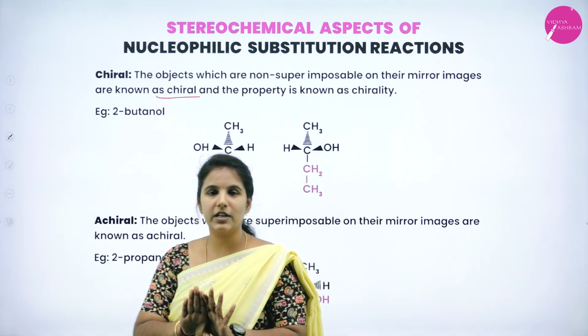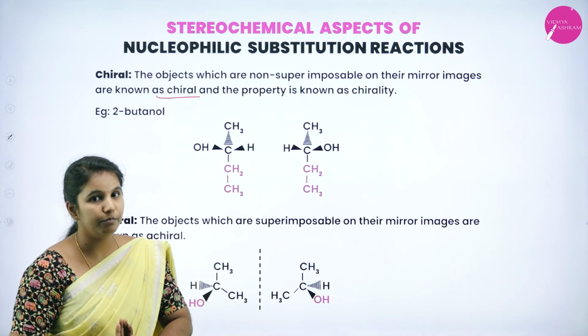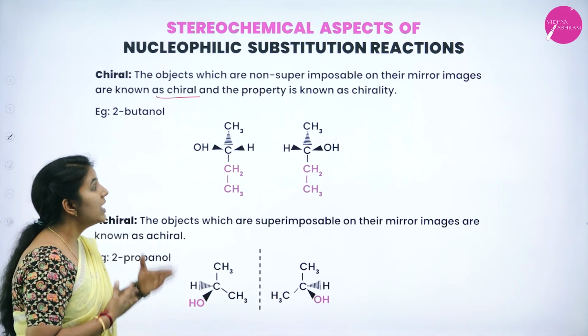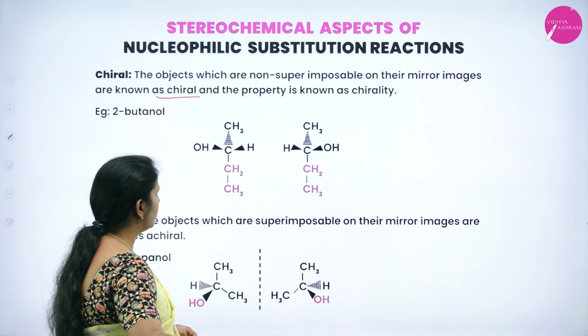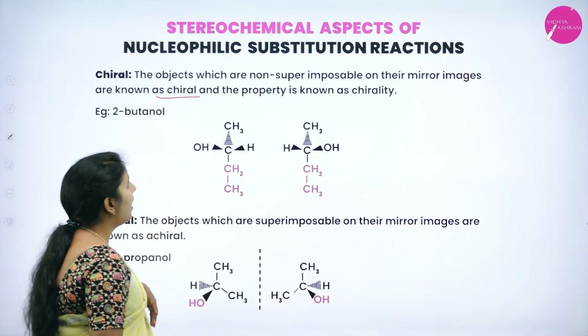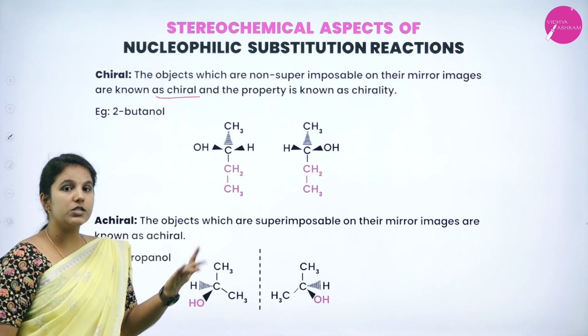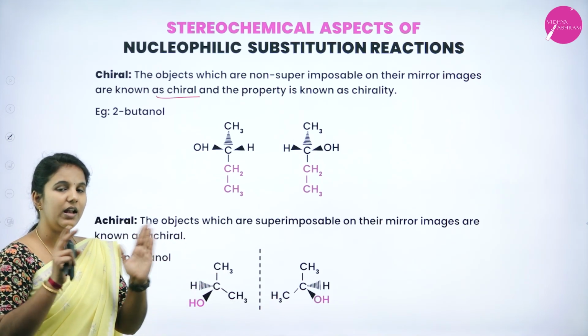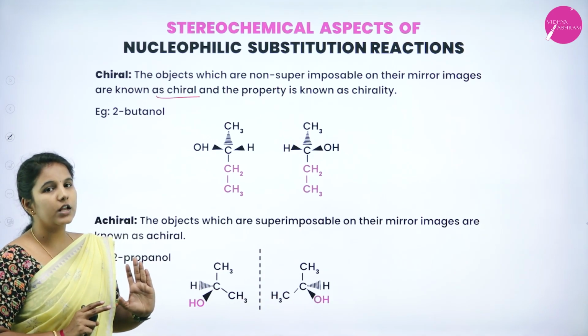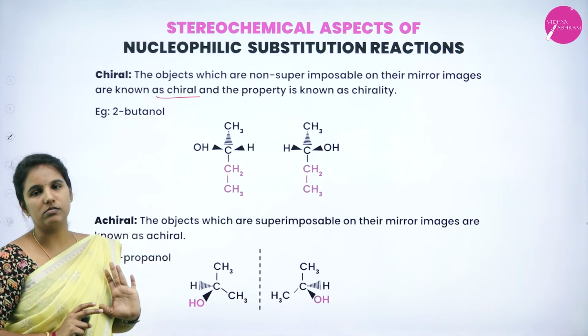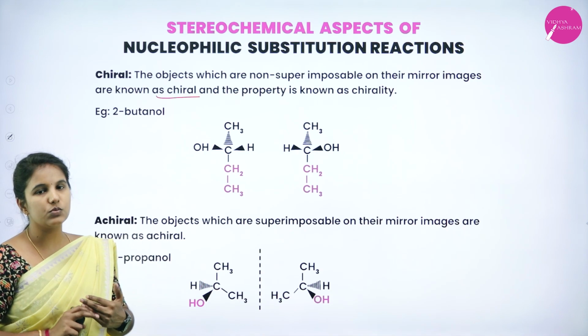No. They are non-superimposable mirror images. Like that, 2-butanol has non-superimposable mirror images. They never superimpose on one another. Such compounds are known as chiral compounds.